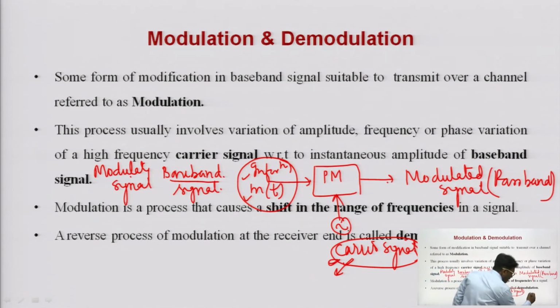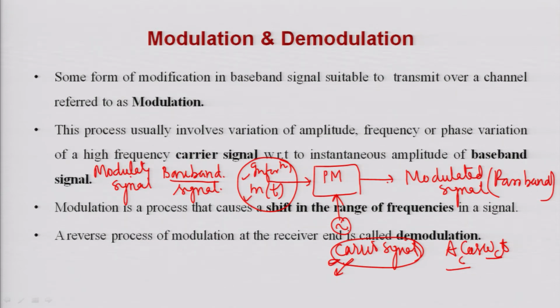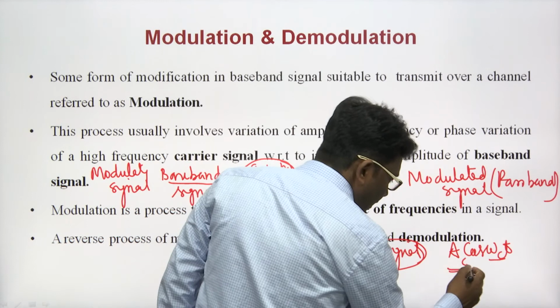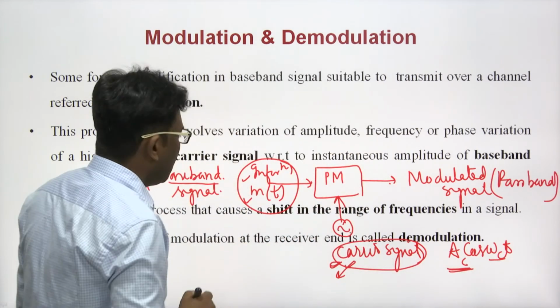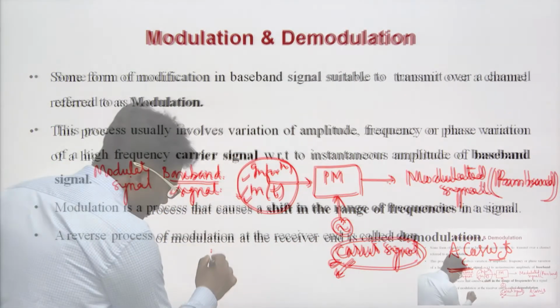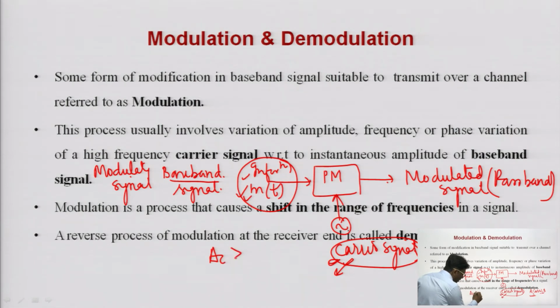If I represent the carrier signal mathematically as A_c cos(omega_c t), where A_c is the carrier amplitude while omega_c is the frequency of the carrier signal, we have to take the condition that the amplitude of the carrier signal A_c must be greater than the maximum amplitude of the modulating signal m(t).